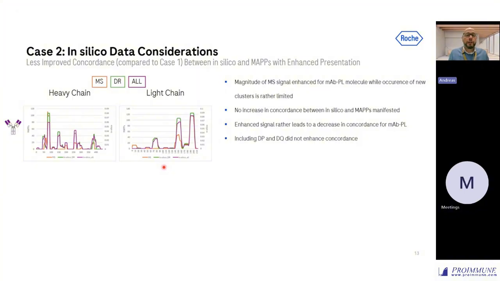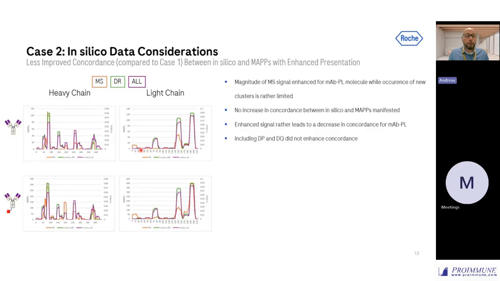And if we now look at the effect of the enhanced presentation, we already have quite a good coverage to start with. So those peaks are pretty well captured already by the monoclonal. But for example, here at this position, we see that the mass spec for the monoclonal antibody didn't detect any clusters, whereas with the enhanced presentation, we slowly see a peak shaping up.